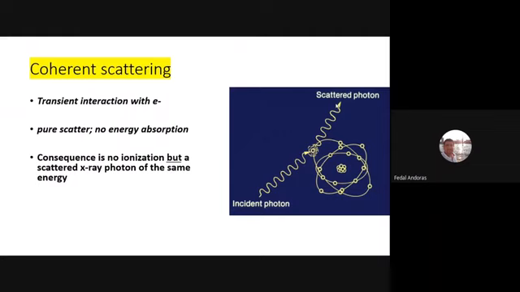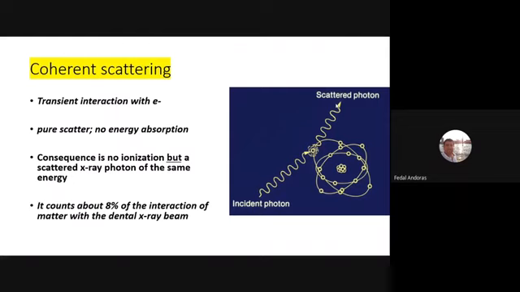So no ionization, but a scattered X-ray photon of the same energy. So the incident photon hits the electron and is scattered with the same energy without ejecting any electron from the atom, without any ionization. We will talk about this scattering again in the future. It counts for about 8% of the interaction of matter with the dental X-ray.